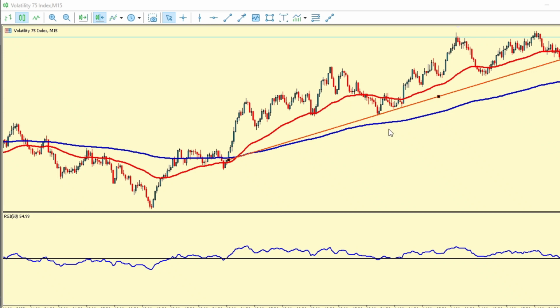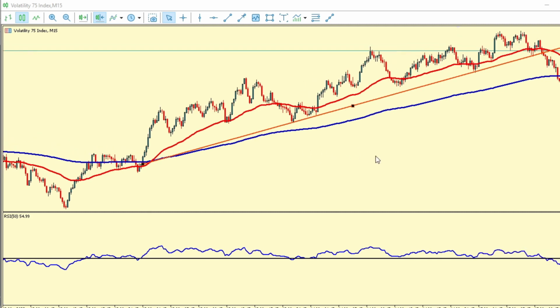Then what is the other thing that we note? Now we look at the areas of previous support and resistance. So what are those areas? First of all, previously, when you look here in this area, this was previously resistance.